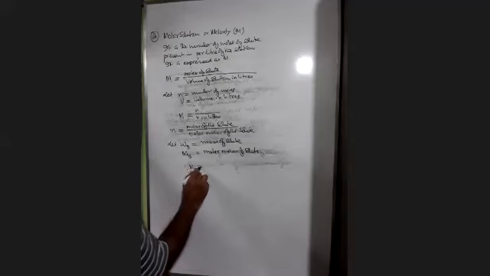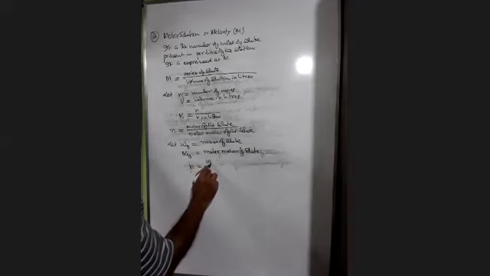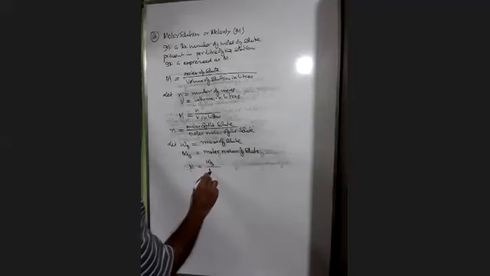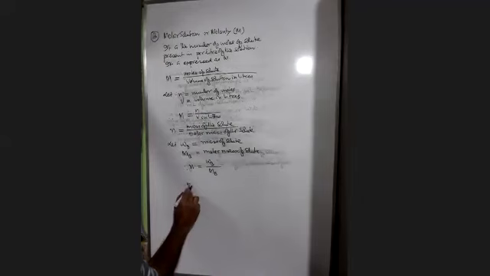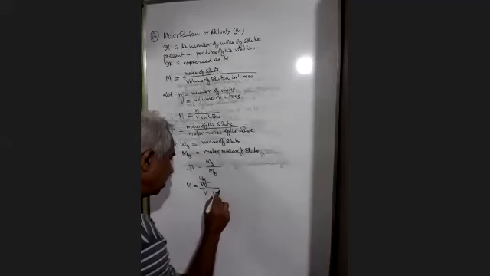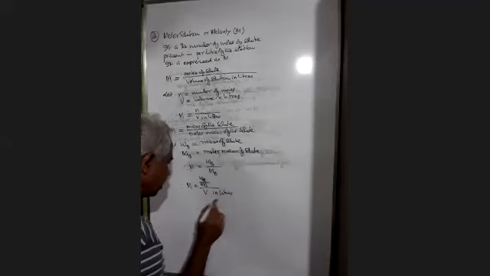Therefore, n is equal to WB by MB. So I'll put this value here. Therefore M is equal to WB by MB by V. You know this V will come in liters.